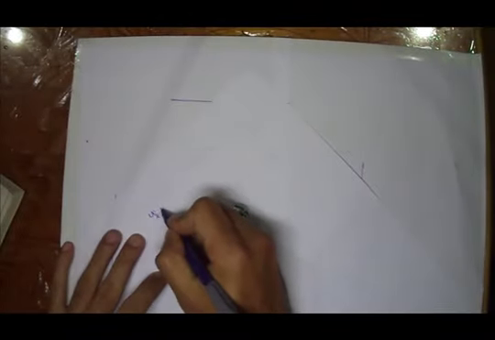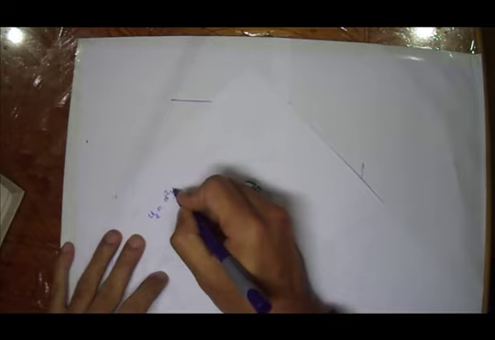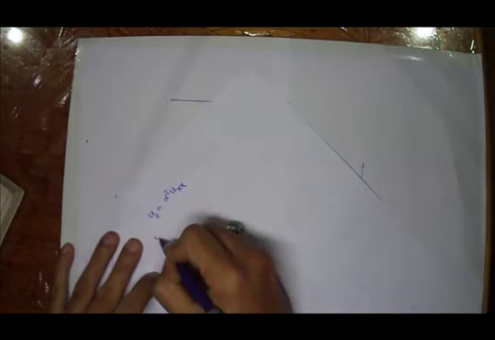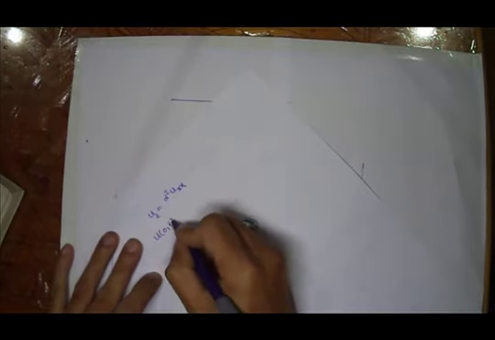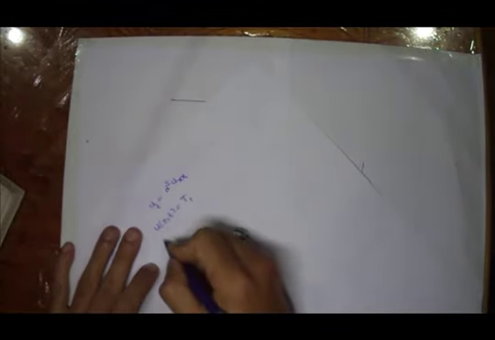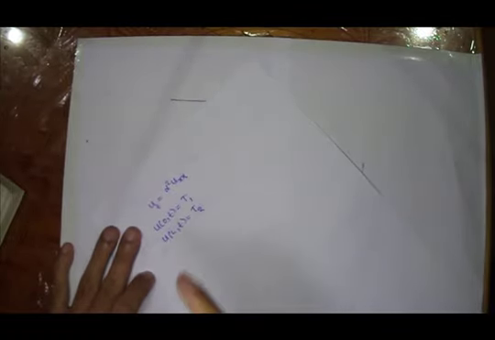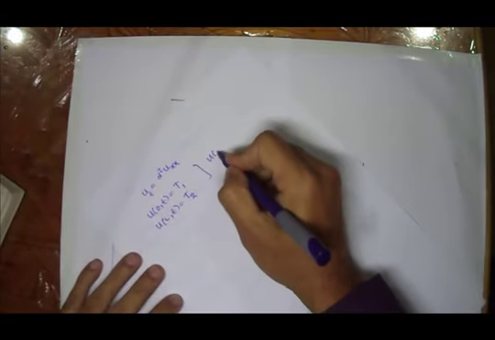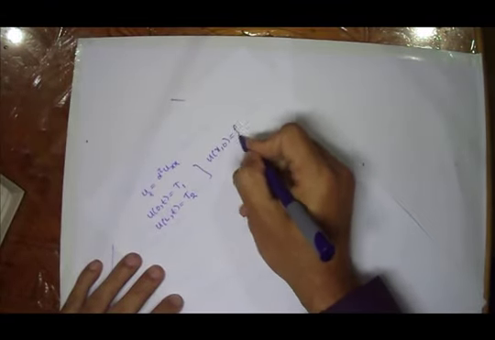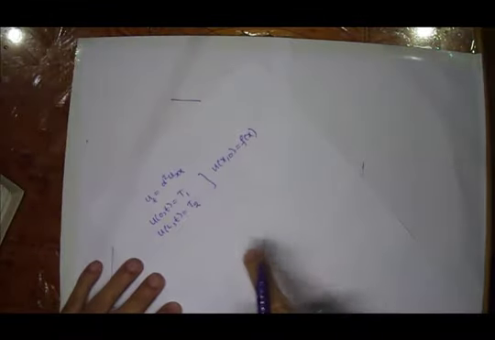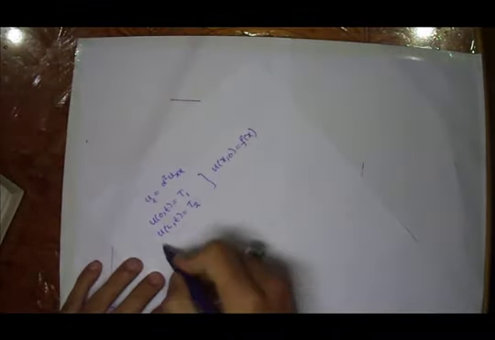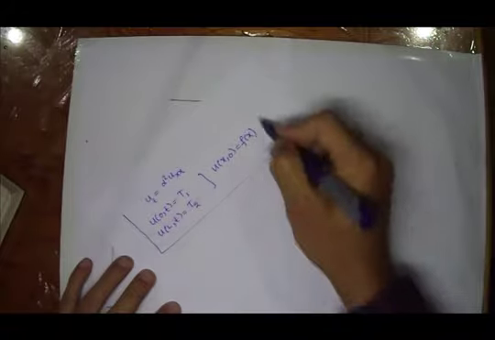We can write u_t is equal to alpha square u_xx combined with u(0,t) equal to T1, which is the temperature of the left side of the rod, u(L,t) equal to T2, which is the temperature of the right end of this rod, and u(x,0) equal to f(x), which is the initial temperature of the rod. So this is the derivation of the heat conduction equation.